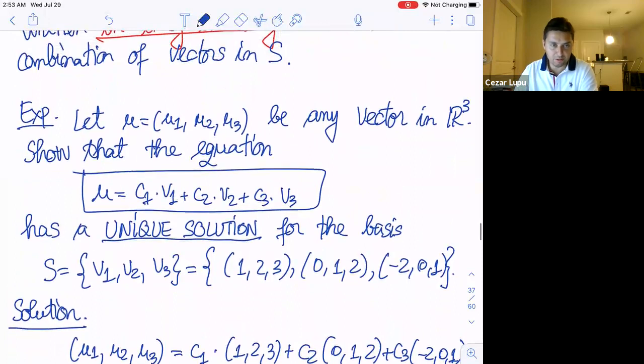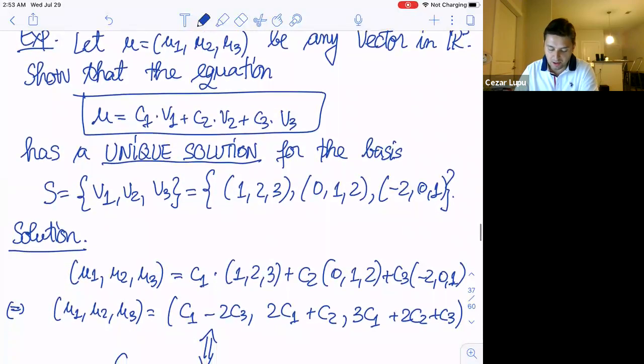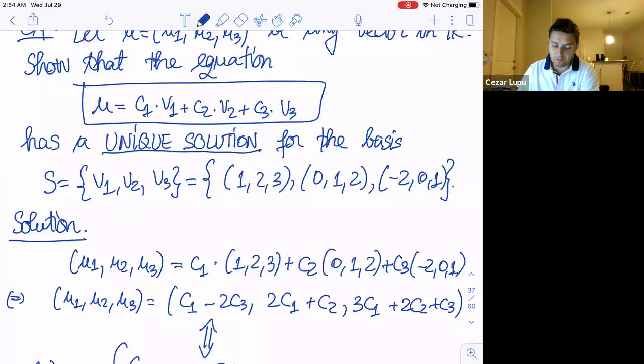So let's see this. We just have to do the vector equation. Once we do the computations, we write up the vector equation, which is (u1, u2, u3) equals c1 times v1 plus c2 times v2 plus c3 times v3.